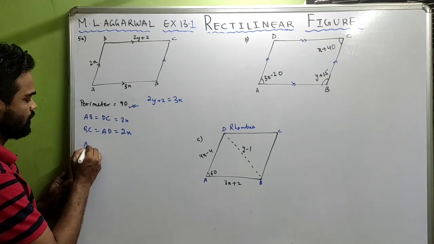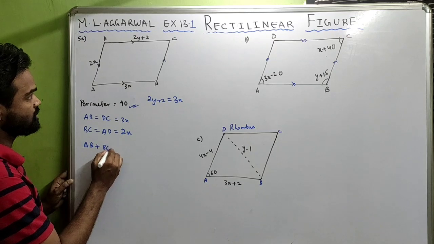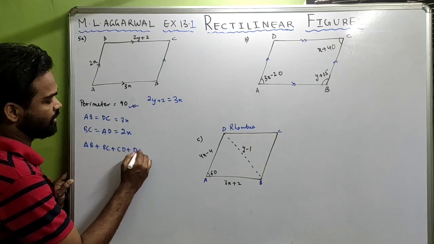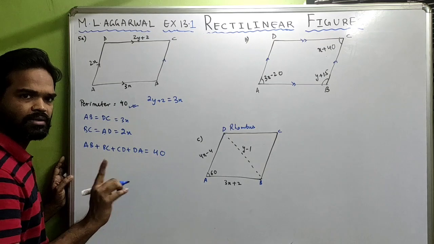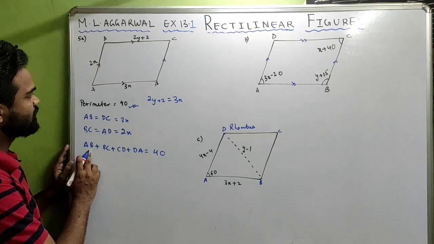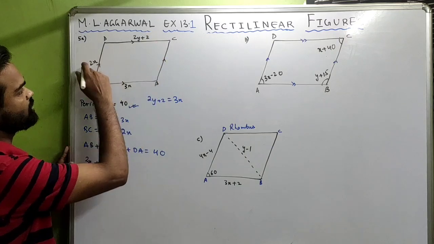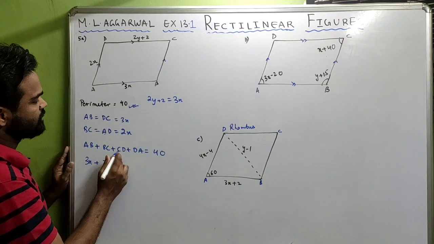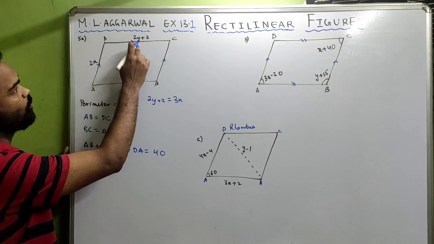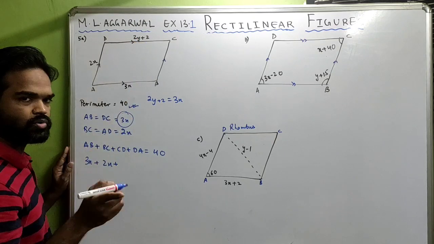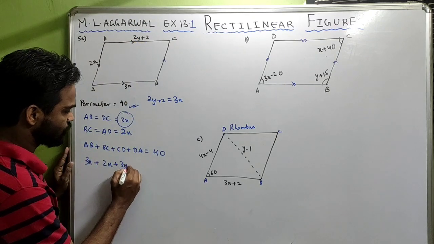Now look carefully. AB plus BC plus CD plus DA will be equal to the perimeter, which is 40. AB is how much? 3x. BC is how much? 2x. CD is how much? 2y plus 2, but we know CD is also equal to 3x, so we'll write 3x.